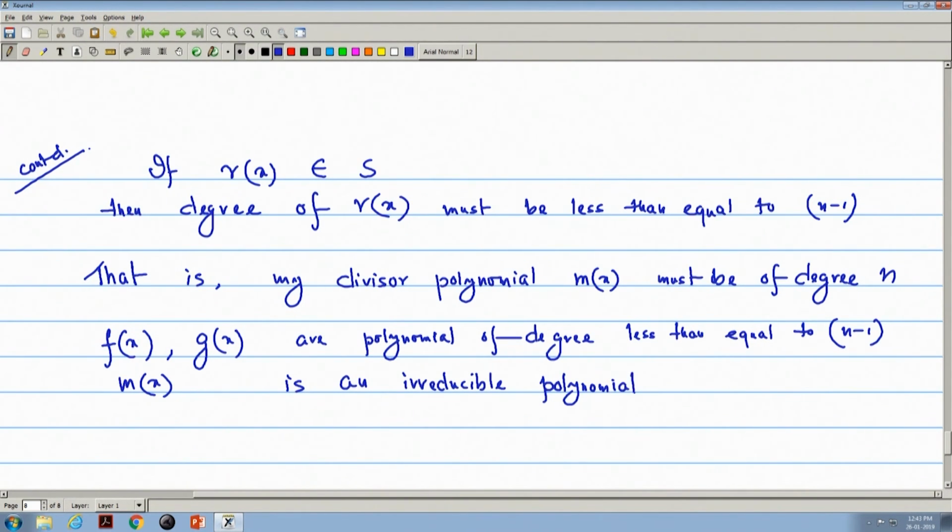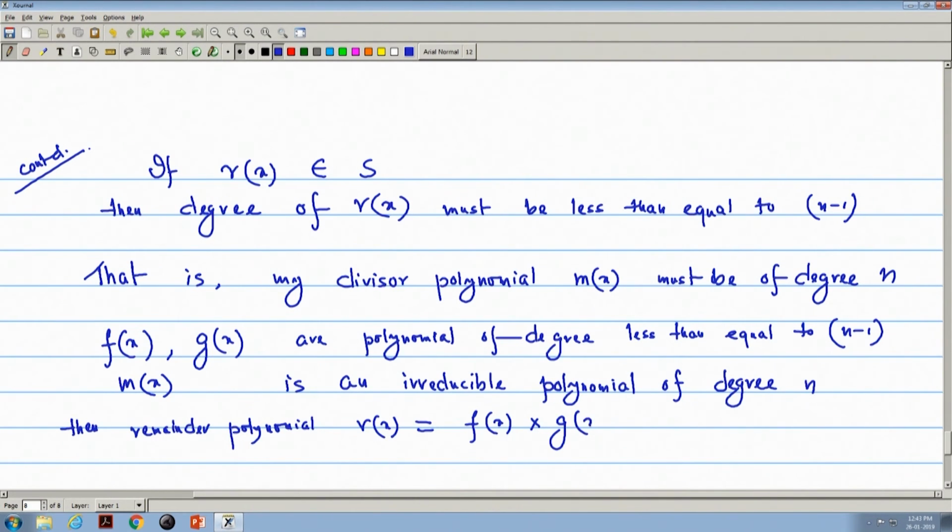So, m x is an irreducible polynomial of degree n. Then R x, the remainder polynomial, R x equal to f x into g x modulo m x.